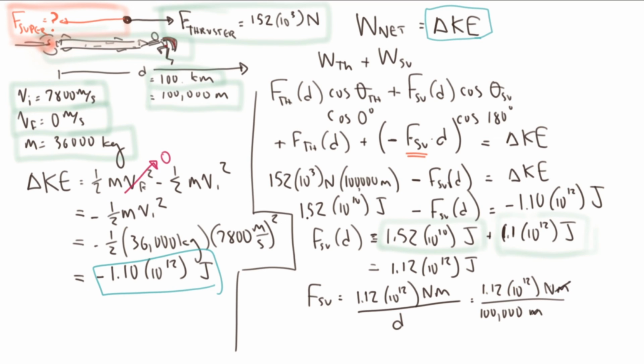So meters cancel with meters, leaving us with newtons. And when you do the math, we should end up around 1.12 times 10 to the 7th newtons. That's a pretty generous amount of force that Superman needs to exert in order to bring that to rest. But he is Superman, so. All right, and so there we go.